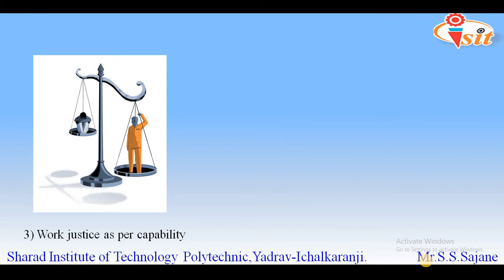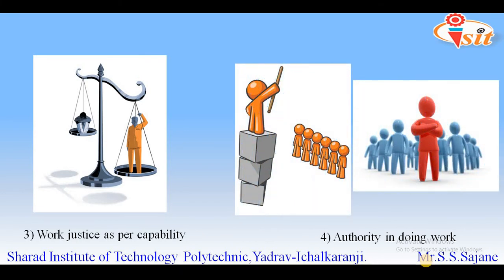The next human need is authority in doing work. The term authority means position or designation or seniority. It is reflected as a power in managing the work. If authority is used in a good sense and in a positive manner, any system can work smoothly.